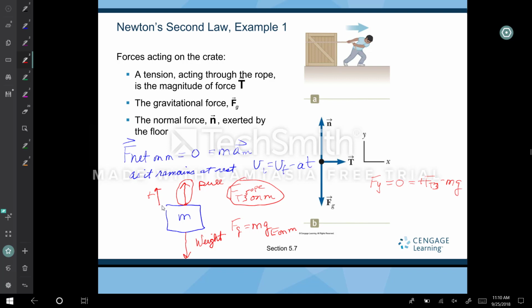Tension pulls up, weight goes down. So this tells me that FT3 is equal to the weight of the block. That's almost intuitive, isn't it? If you're suspending something, the string has to pull up with the weight. In fact, that's how we often determine the weight. We have a spring scale.